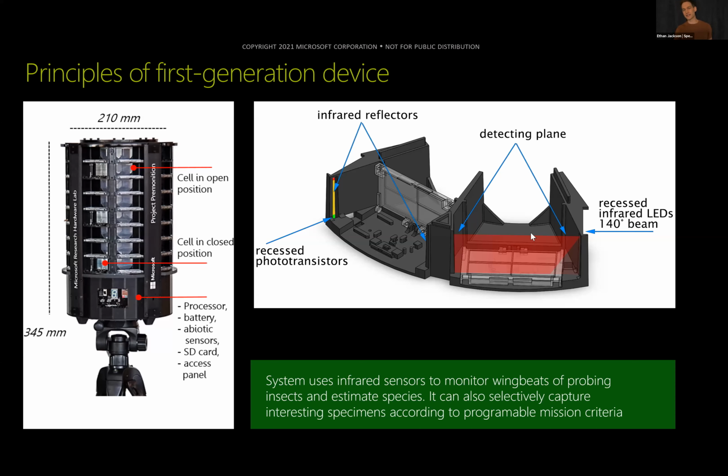When something crosses this beam, it can decide that it would like to capture it, in which case this door would snap shut and a specimen would be trapped in the back. So in terms of the data this provides, it's providing real-time data about all of the insect encounters, presumably flying insects in this early device, and then it's subsampling a set of biological specimens.